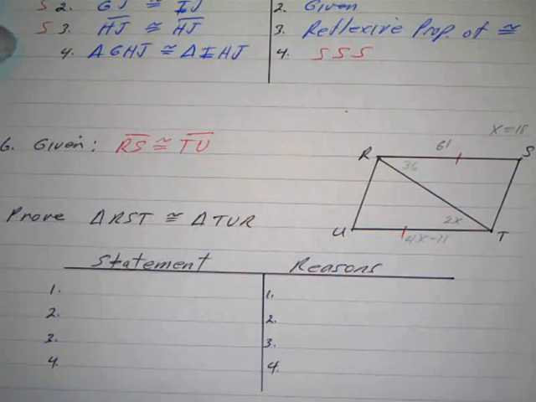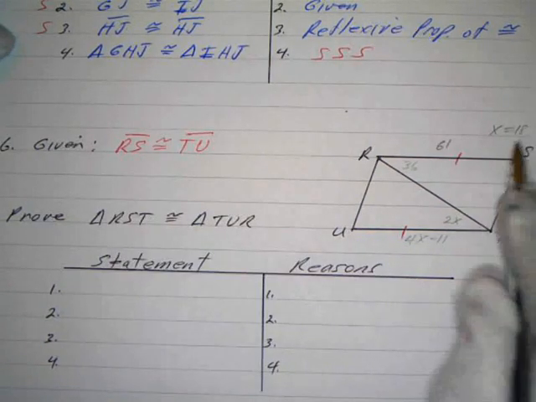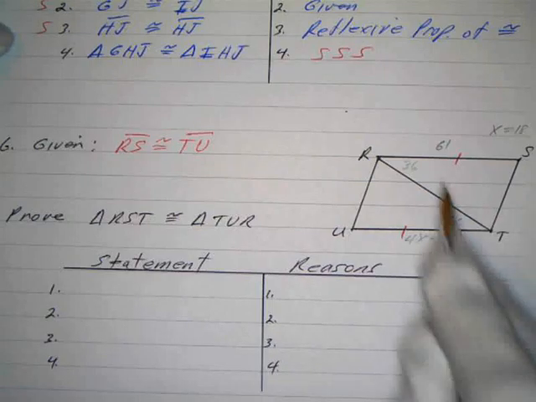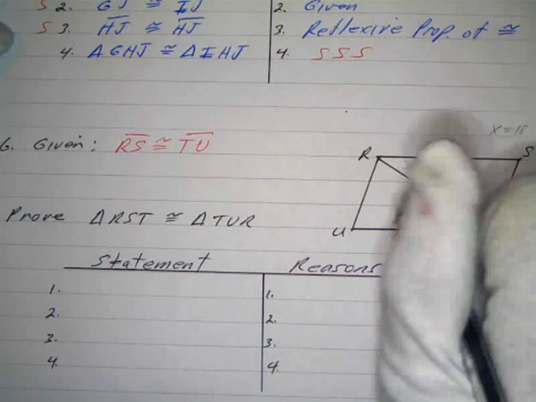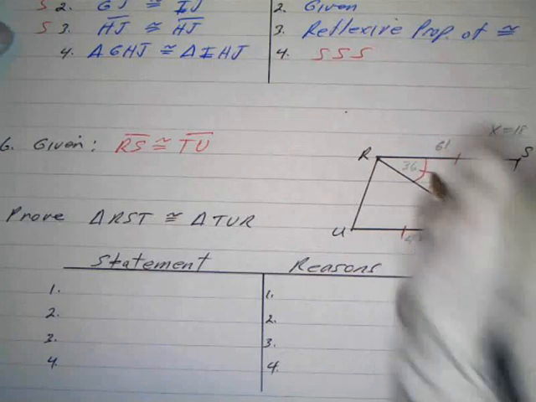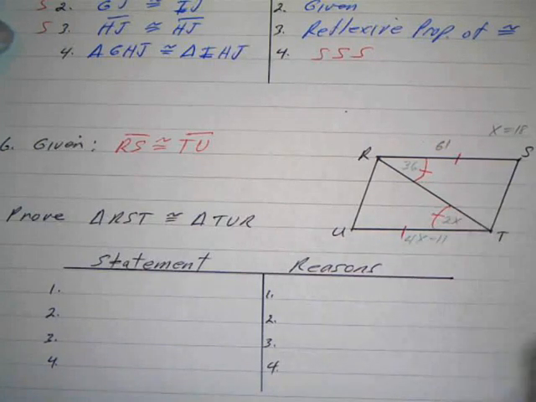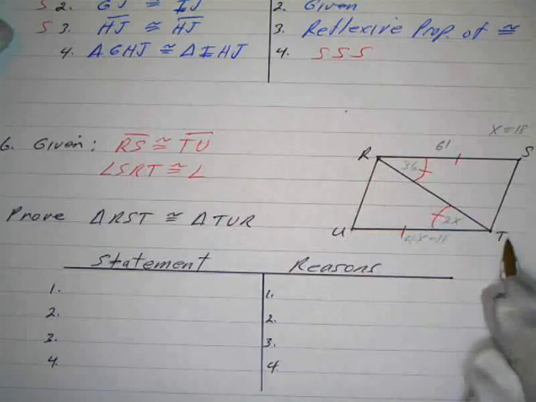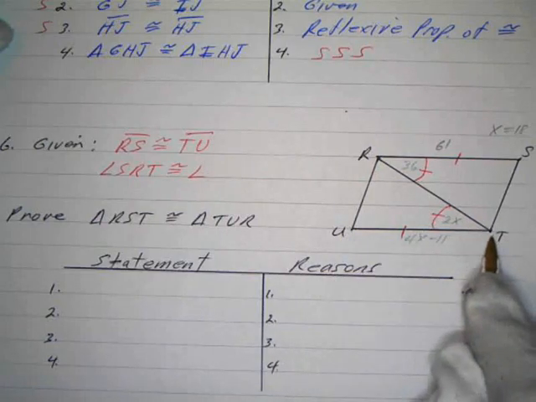I mark those. And then I also know that if x is 18, what's 2 times 18? 2 times 18 is 36. So these two angles are congruent. So I can mark those with an arc. I could say that angle SRT is congruent to angle UTR.